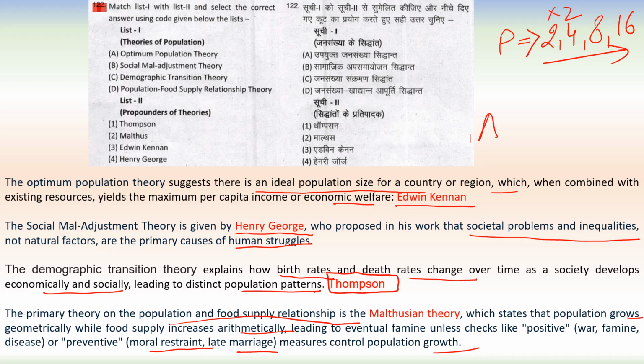And one example of arithmetic progression is 1, 2, 3, 4. You can see there is a common increment, that is plus 1. So in geometric progression we have a common multiplier, and in arithmetic progression we have a common addition.